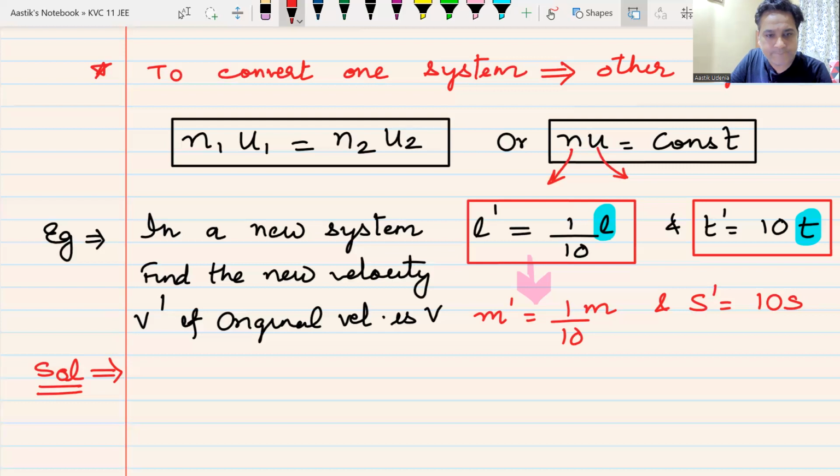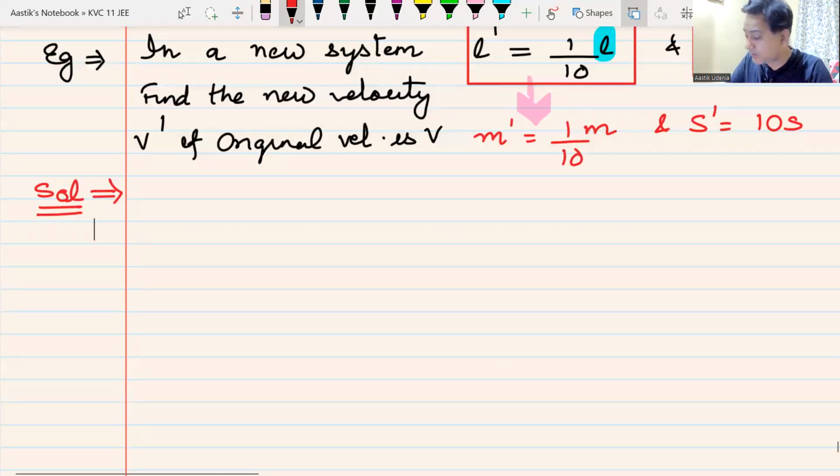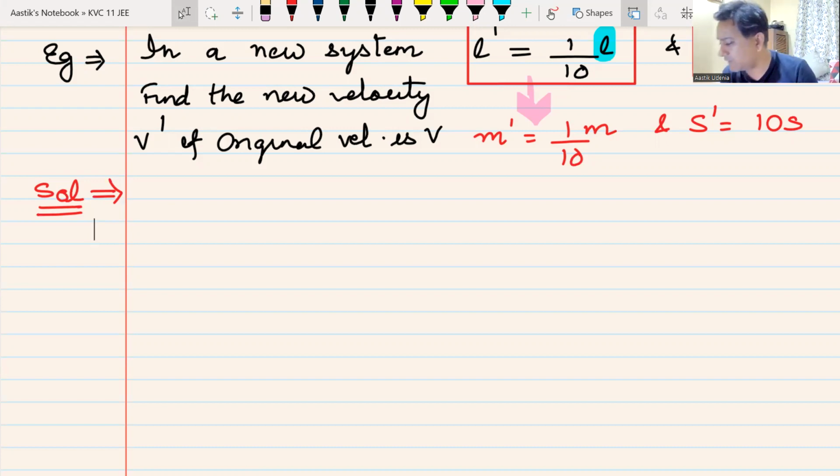Anyone with an answer? Sir, 1 by 100. 1 by 100 is one answer that I have got. Okay. Remember, beta, answers are not important. What is important is that you understand the concept behind it. Your answer may be right, may be wrong, it may be the opposite of it. Anyways, how are we going to solve this?